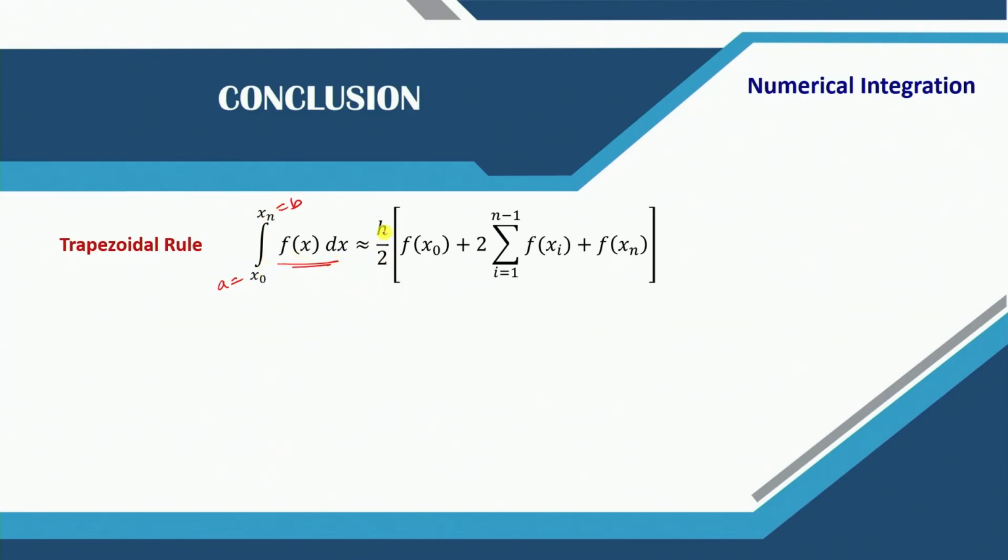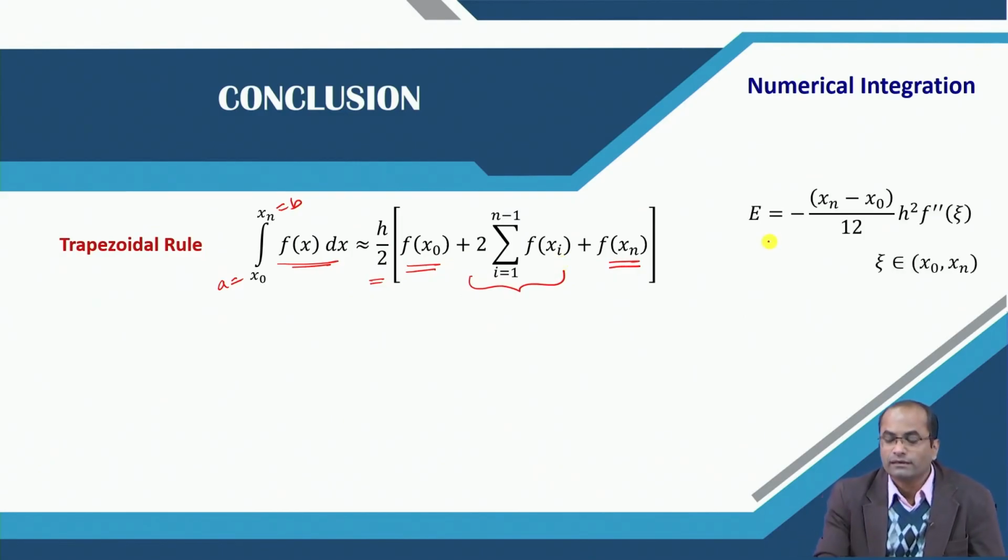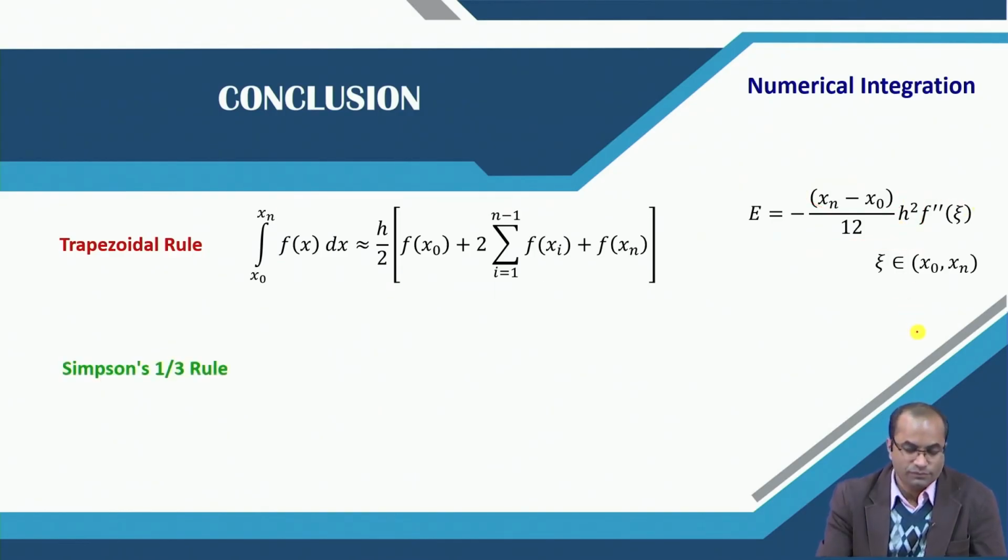And the formula is given here: h by 2, and we take f(x0) and f(xn), and all internal points will be just doubled. The error we have discussed is given by (xn-x0)/12 times h^2, the second derivative term.